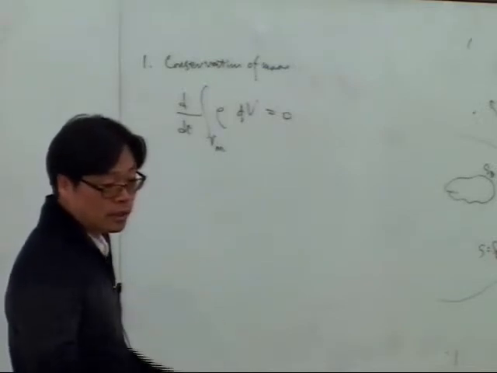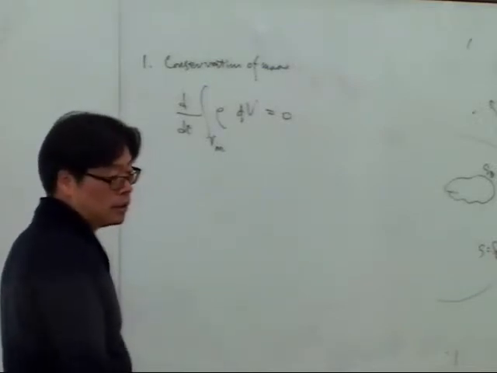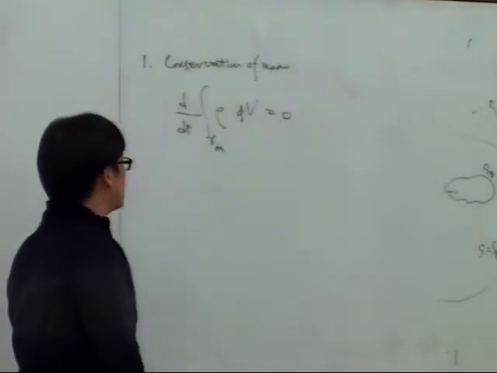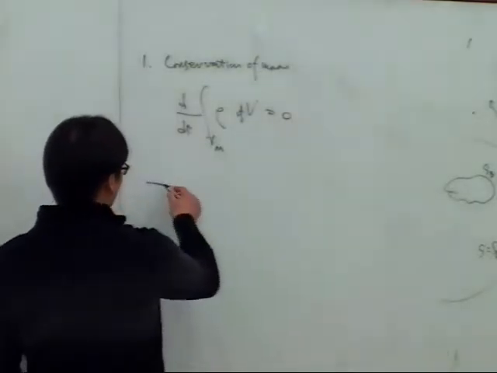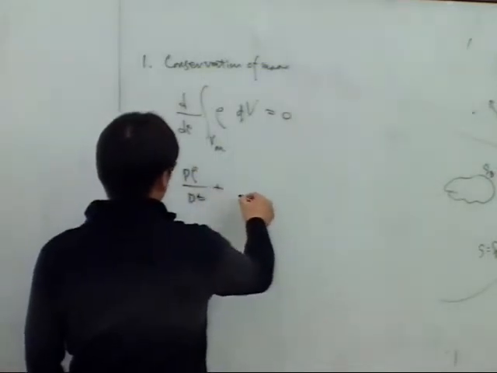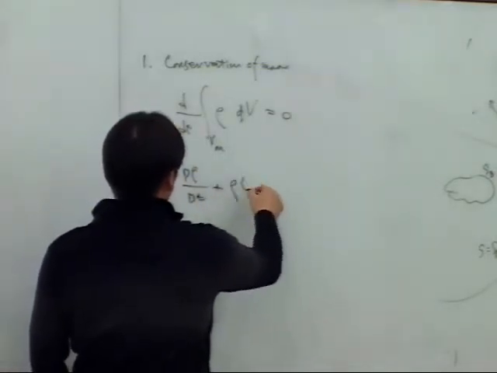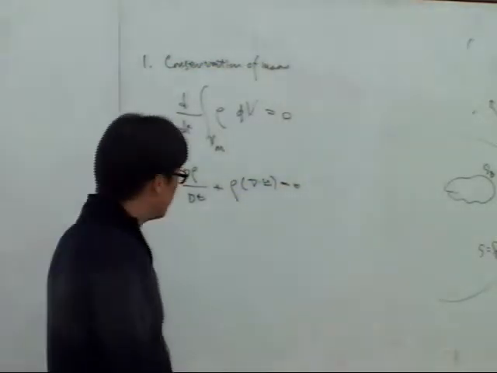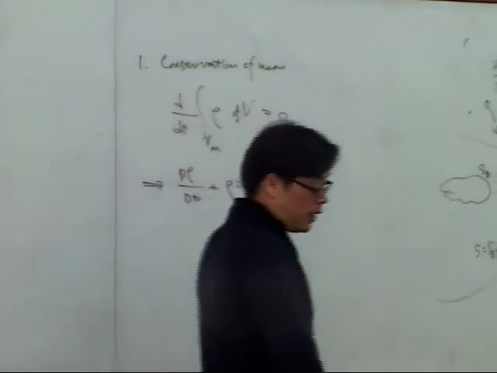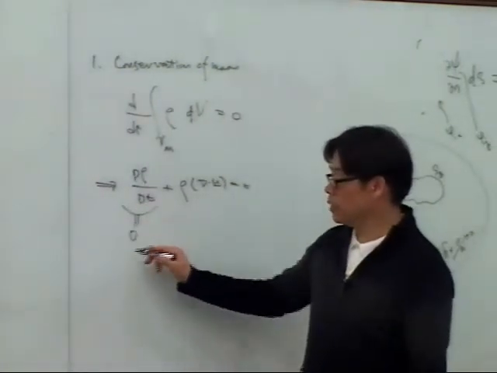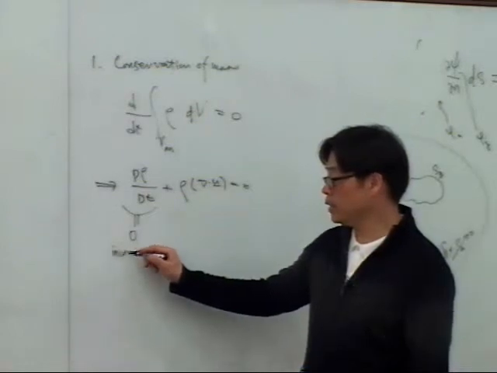Volume can change depending on the compressibility, but total mass has to be conserved, and that will give you d rho dt plus rho, by using the transport theorem. And this term, we assume is 0 because of incompressibility.